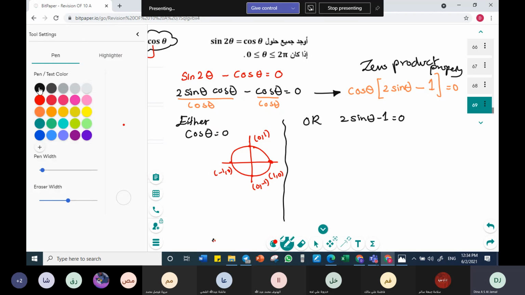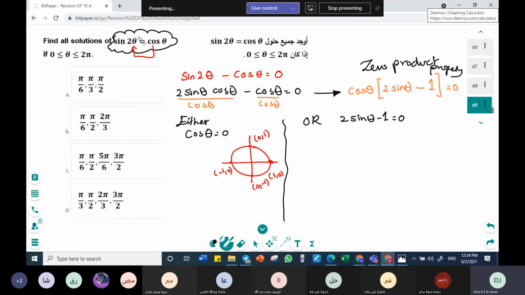We already talked in the first question in this exam that the x-coordinate represents the cosine. That means here is my 0, here is my pi over 2, which is 90, here is my pi, and here is my 3 pi over 2, which is 270, since your question is in radians.